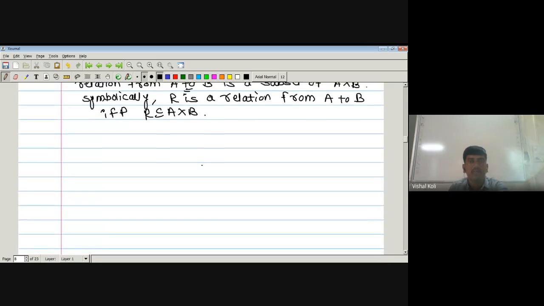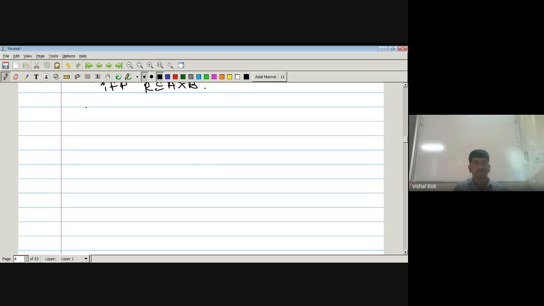Now let us see one example of a relation. Let I be the set of all integers, that is the numbers 0, plus or minus 1, plus or minus 2, plus or minus 3, and so on.